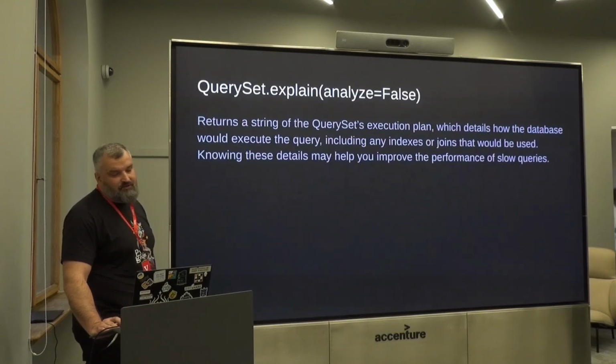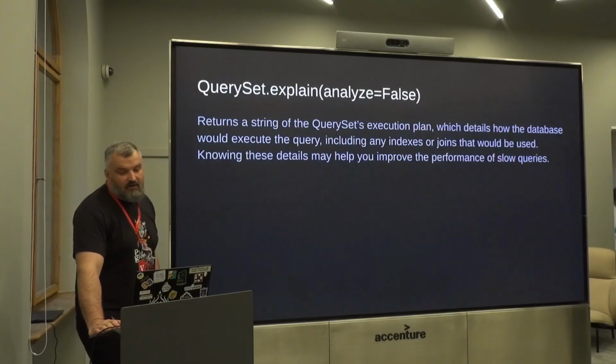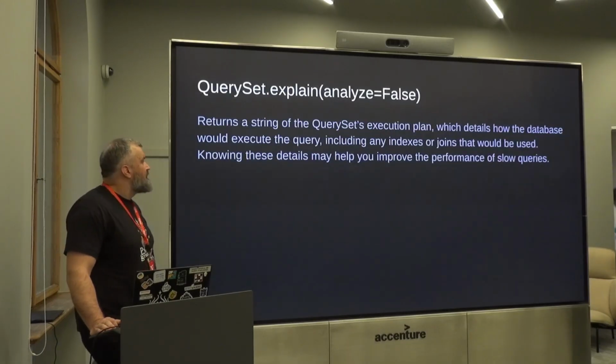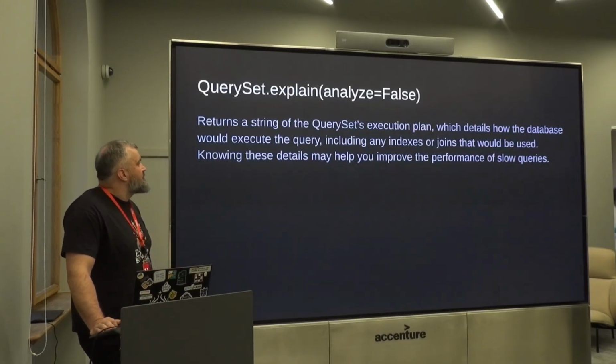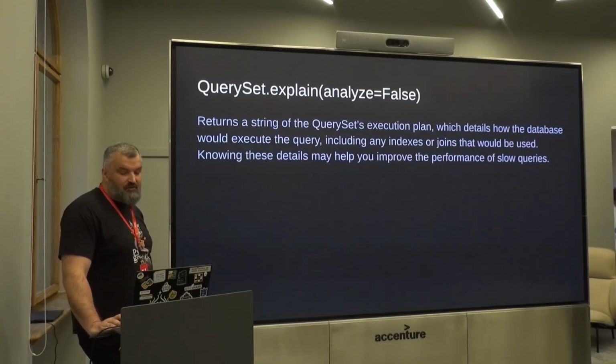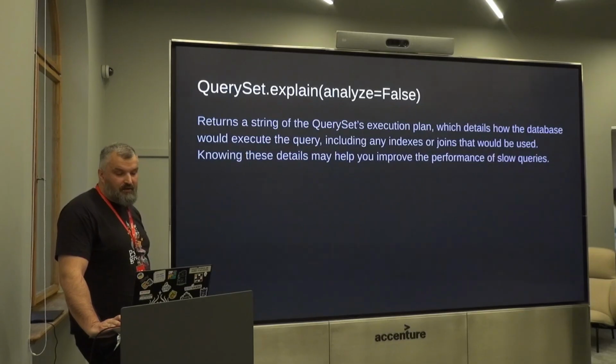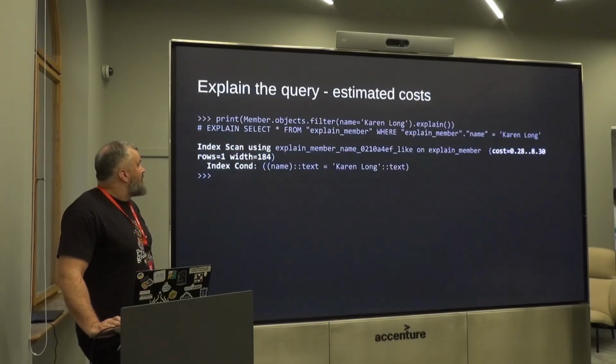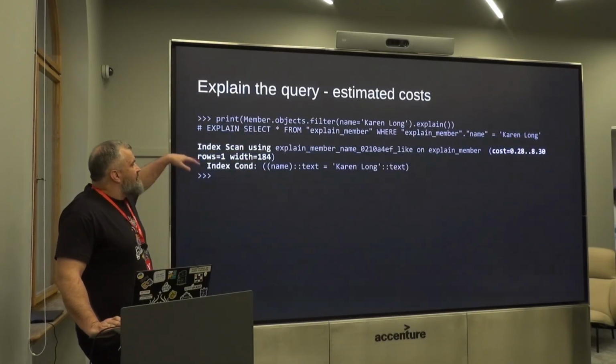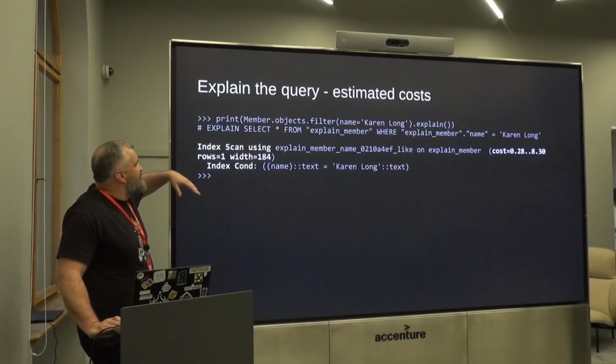In Django ORM, if I have some query, it provides explain, which gives the database's prediction of how it will execute the query. The first line is Django syntax, so it's not that interesting. We're just printing this Pythonic query language.